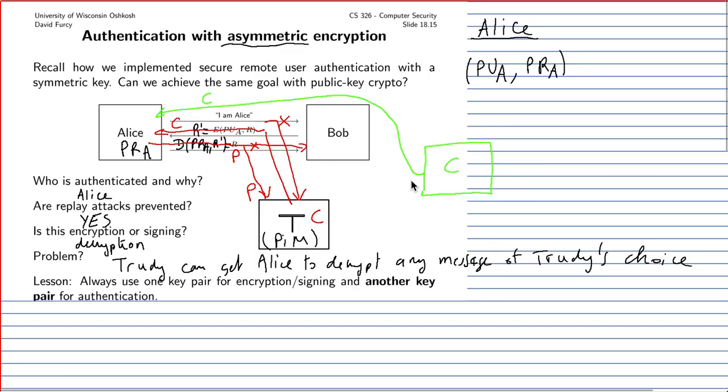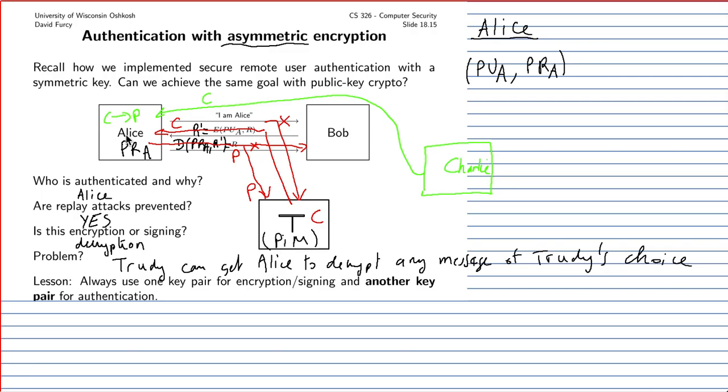If Charlie was trying to communicate confidentially with Alice, he would encrypt his message using Alice's public key, send that to Alice, and Alice would be able to recover the plaintext using her private key.